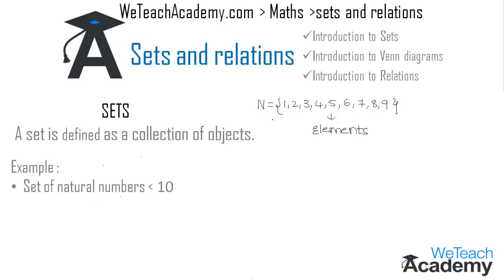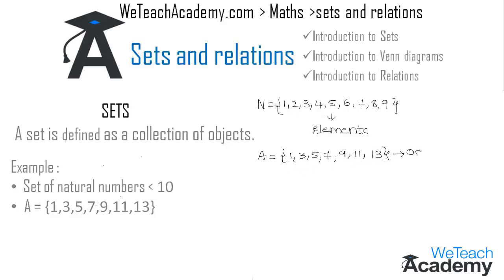And now let us learn what is a set builder form. To discuss this topic, let us consider another example: A is equal to {1, 3, 5, 7, 9, 11, 13}. We observe that the elements of this set are the odd natural numbers.